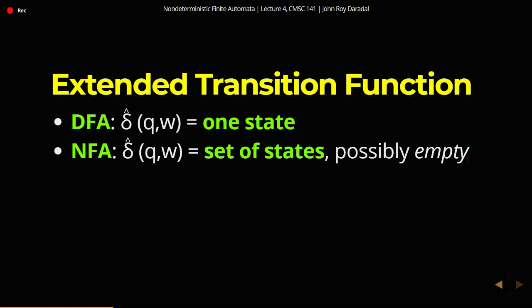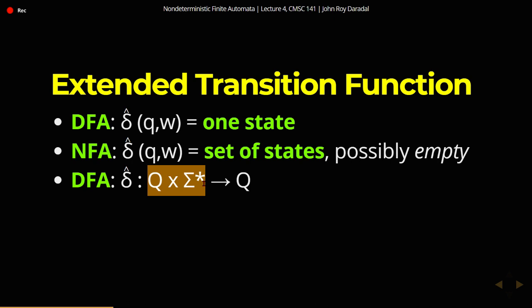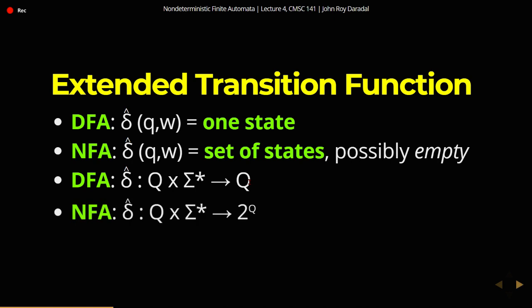Okay, so the same thing, even with the extended transition function. So formally, the delta hat in the DFA maps Q cross with sigma star, which is a set of strings, to just a set of states. So only one state. But in the NFA, Q and sigma star is mapped to the power set of Q, 2 raised to Q. So just like your transition function. Okay?